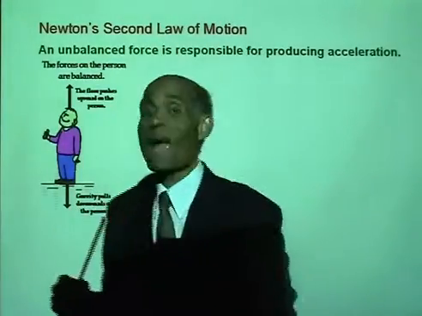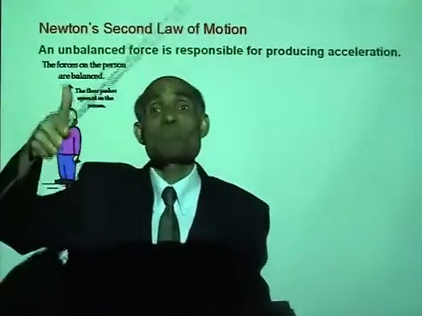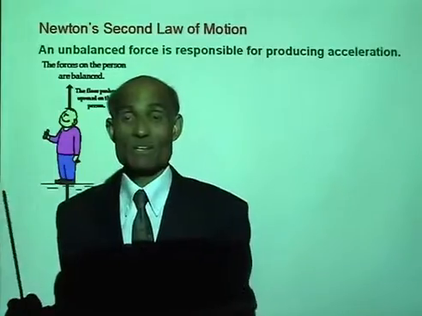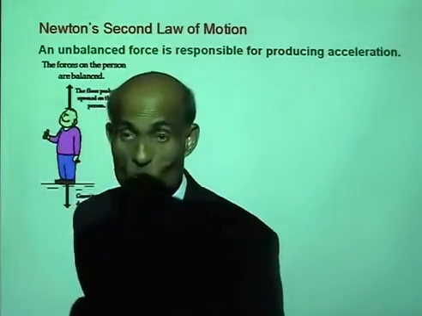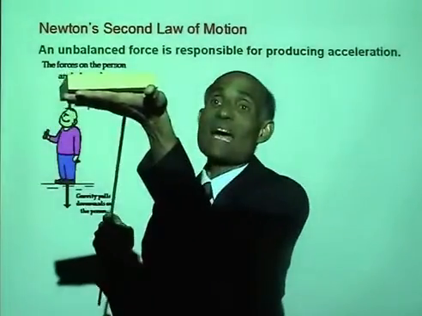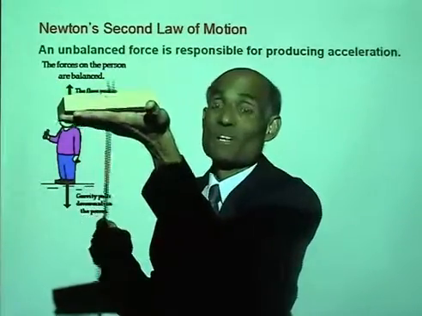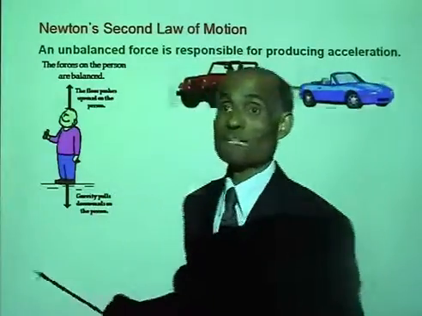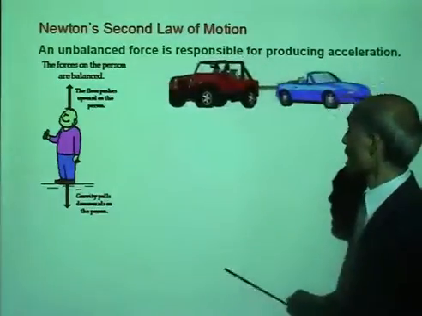Therefore, this man will happily stay there with the happy sign or the victory sign, whatever he's doing. That's right. No unbalanced force on him. This block has no unbalanced force. Therefore, it will not accelerate. But, well, you know what a car does.